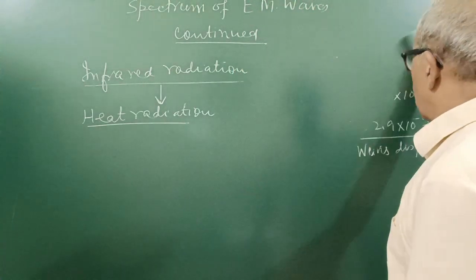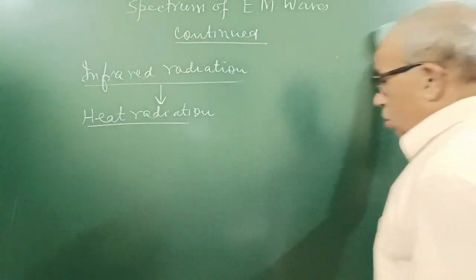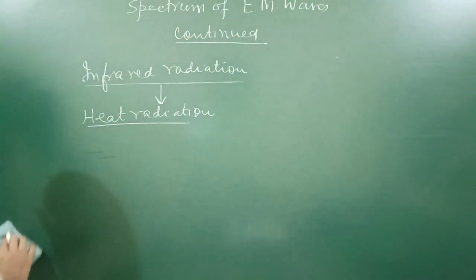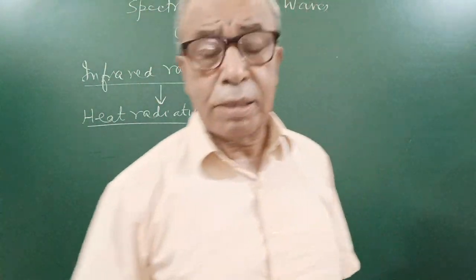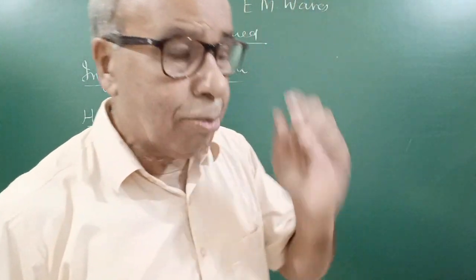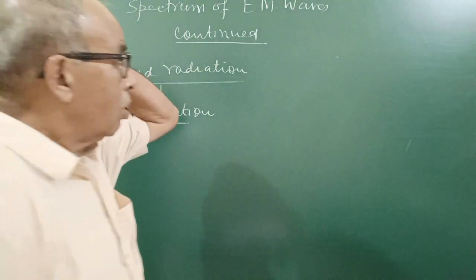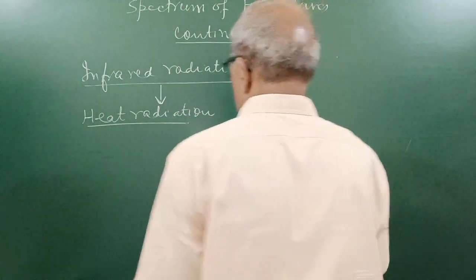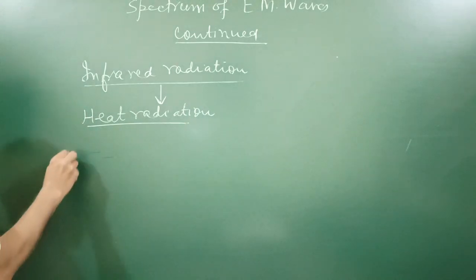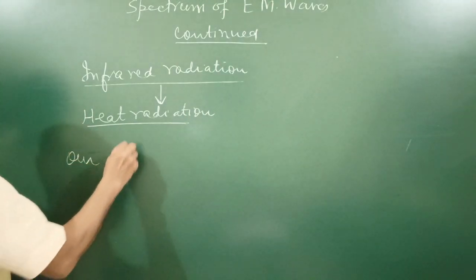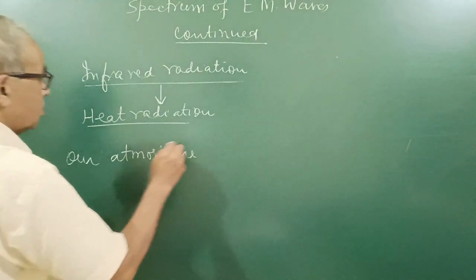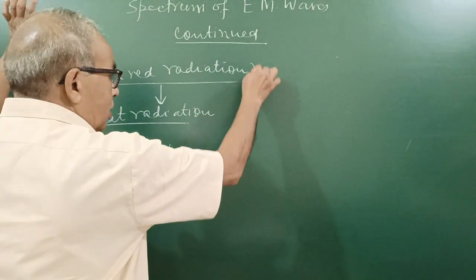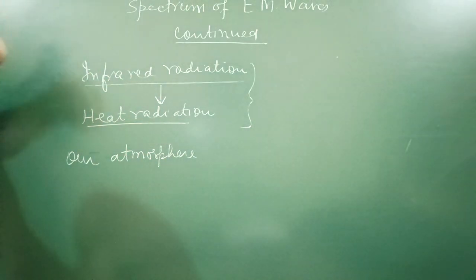The Sun is the source of infrared radiation, visible light, and ultraviolet radiation. Ultraviolet radiation is absorbed by the ozone layer. Listen to one thing more, these are invisible radiations.